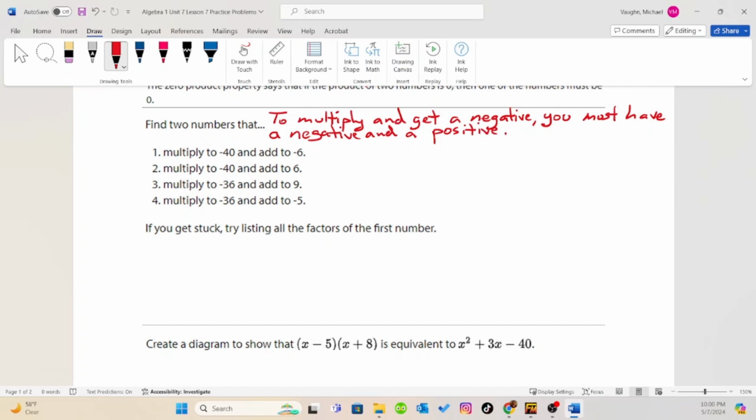In addition to that, you'll see that some of the numbers they want it to add to are negative, and some of the numbers they want it to add to are positive.